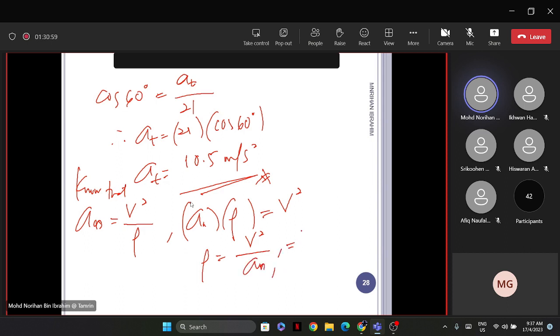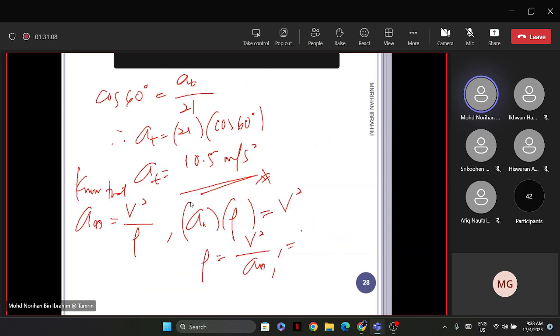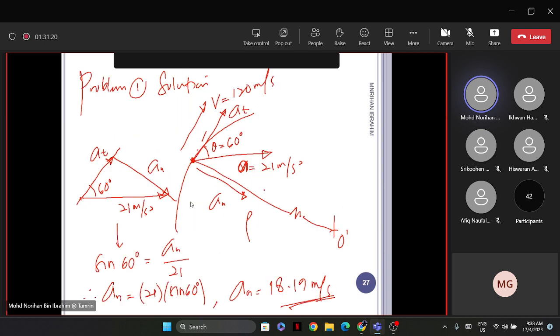And the velocity is given, the jet plane speed is equal to 120. So rho is equal to 120 to the power of 2 divided by AN, where AN is equal to 18.19.